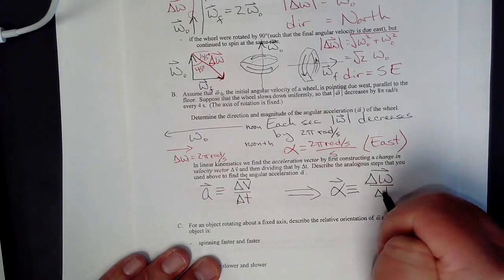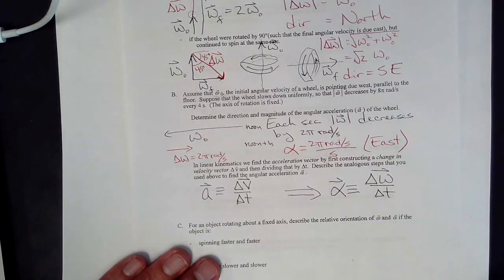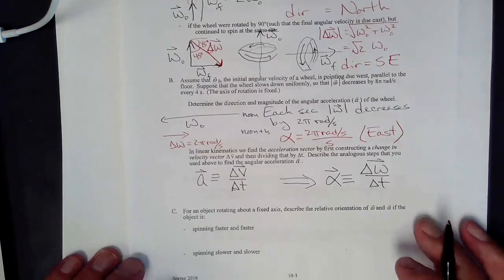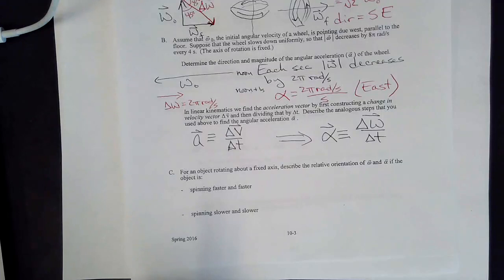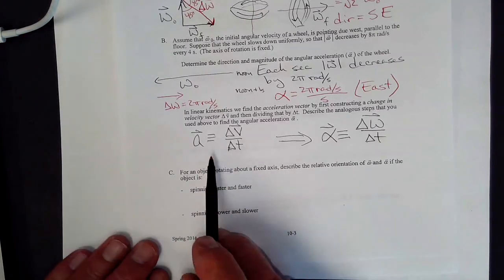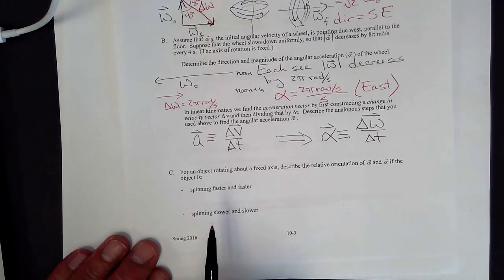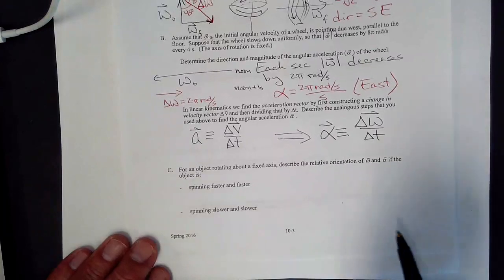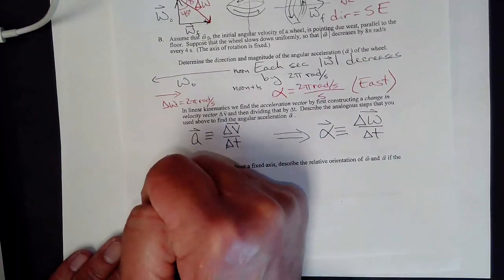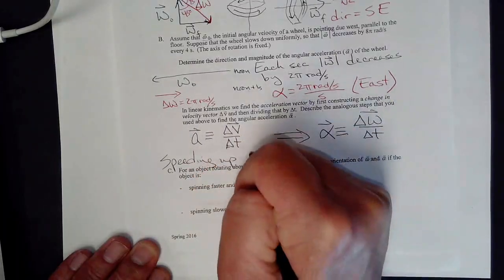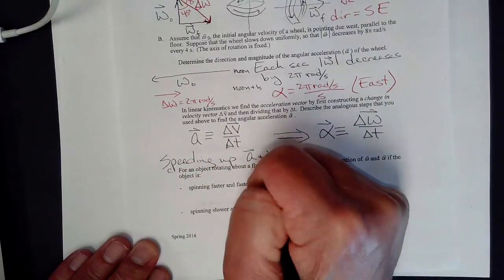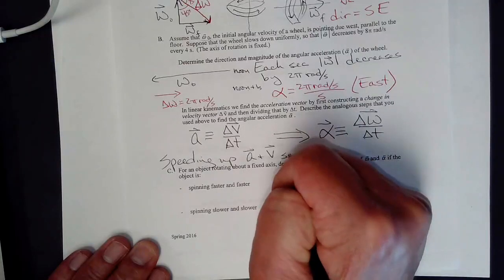Okay. And we're going to find that many of the things that we found to be true for linear kinematics are also true for rotational kinematics. For example, we found in linear kinematics that when something was speeding up, linear acceleration and linear velocity were in the same direction.